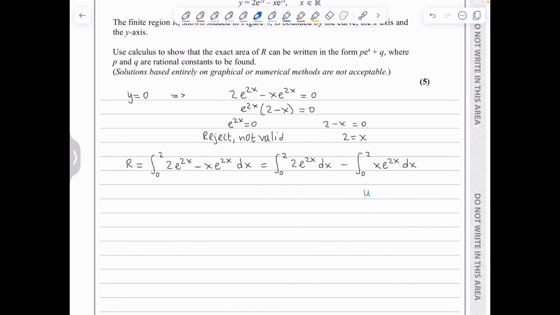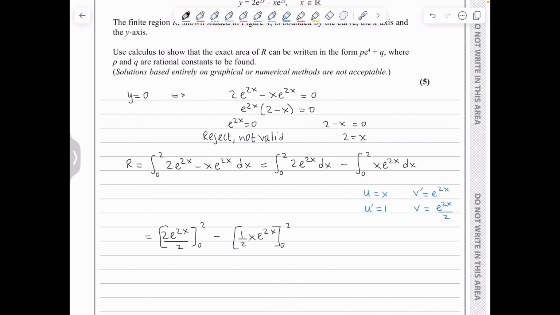I'm going to put u to be x and v dash to be e to the 2x. U dash is 1, v, well, if I integrate e to the 2x, I get e to the 2x over 2, and therefore we've got the integral to be, the integral of 2e to the 2x is 2e to the 2x over 2 from 0 up to 2, whereas for the integration by parts, we've got the half x e to the 2x from 0 up to 2.